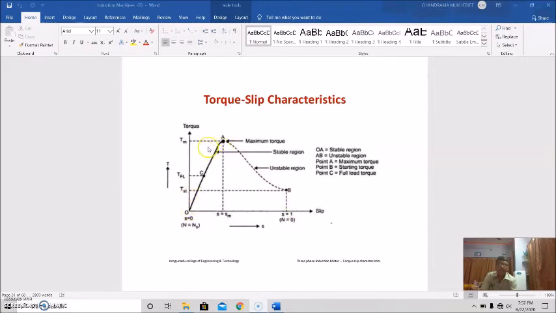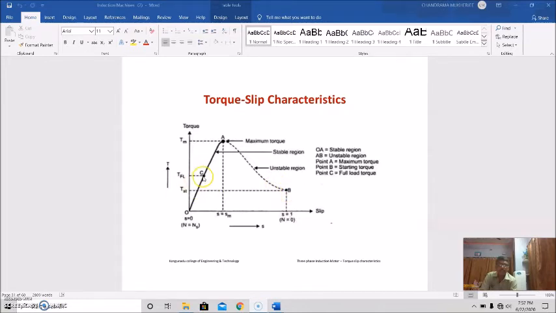It has three portions: this one, this, and this. It is the stable region, then the maximum torque or pull-out torque, and this is the unstable region. At n equal to 0, s equal to 1, this is the starting torque.